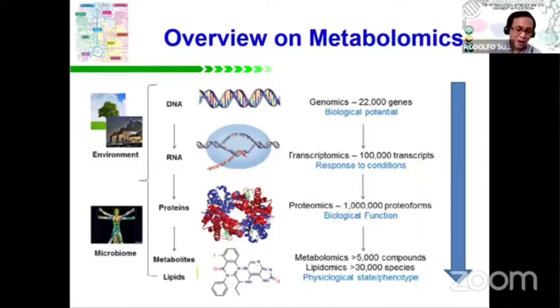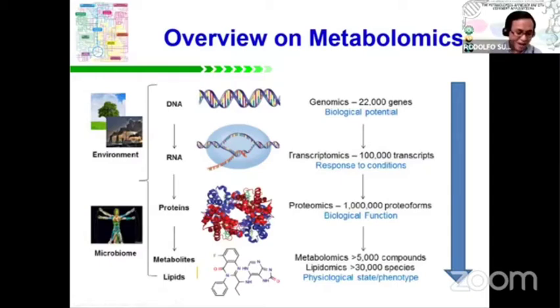Now, compared to genomics and transcriptomics, as you can see from this figure, metabolomics can directly and accurately reflect the current status of the organism. They can tell us what exactly happened to the organism because this is the ultimate manifestation of the changes in gene expression from the stage of transcriptomics and proteomics.